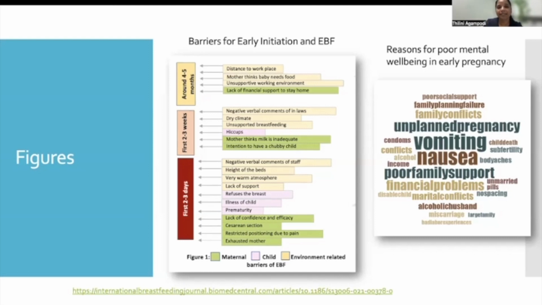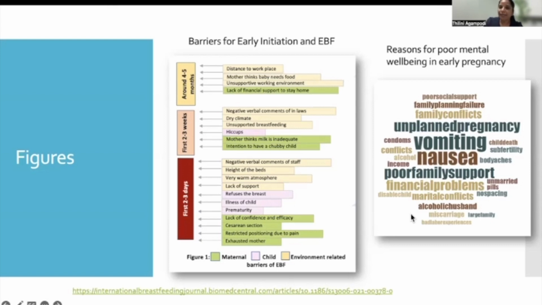Then there is another set of barriers for exclusive breastfeeding, at around 4 to 6 months. Ideally, we have to exclusively breastfeed up to 6 months, but you see clusters of barriers. When you present that, rather than just listing the barriers, it is very elaborative and shows the real situation.